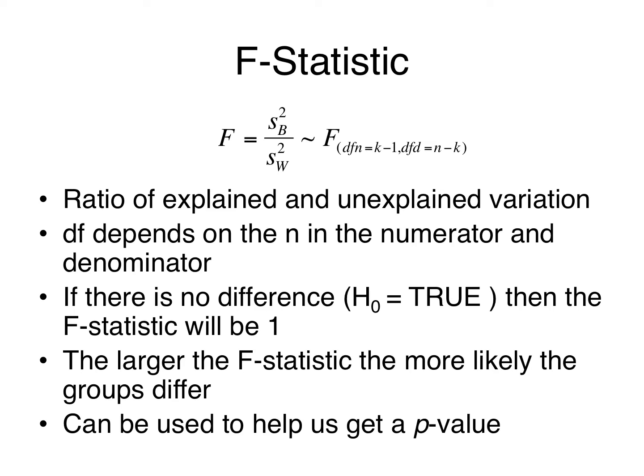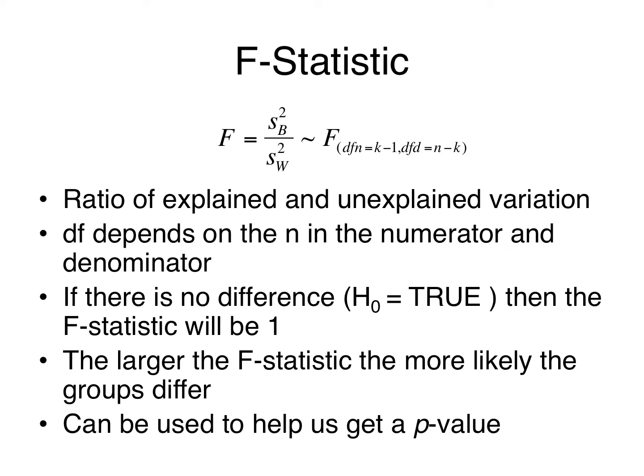If there's no difference in the means of the groups being compared, so our null hypothesis is true, then the F-statistic will equal 1. We also know that with sampling variability, even if there really were no difference in the group means, our test statistic may be larger than 1 merely by chance.